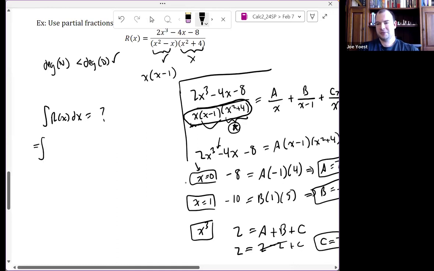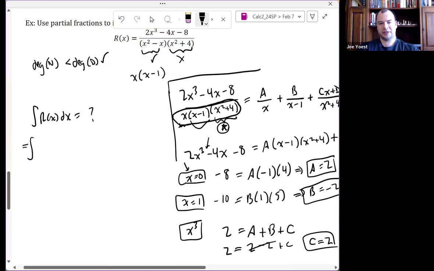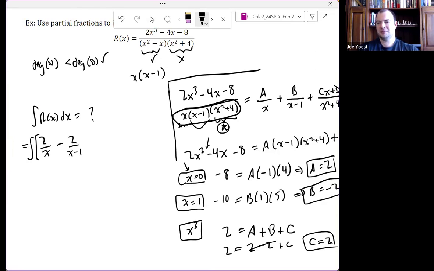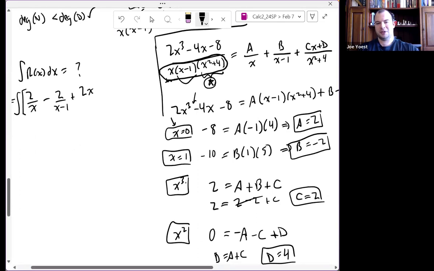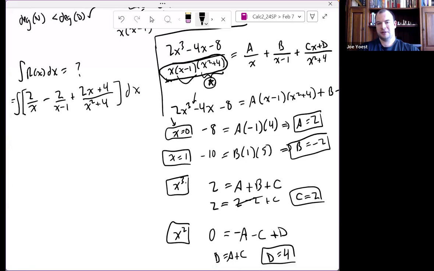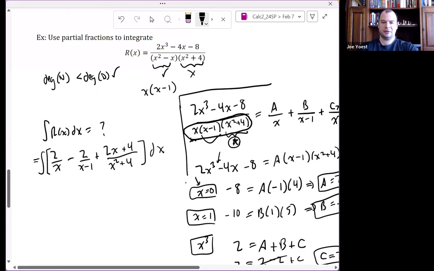I want to integrate a over x, 2 over x, plus b over x minus 1, minus 2 over x minus 1, and then plus cx plus d, 2x plus 4 over x squared plus 4 dx. This is still not an easy integral to do, but it's hopefully a bit more manageable.